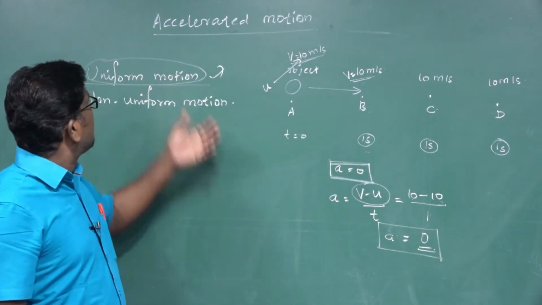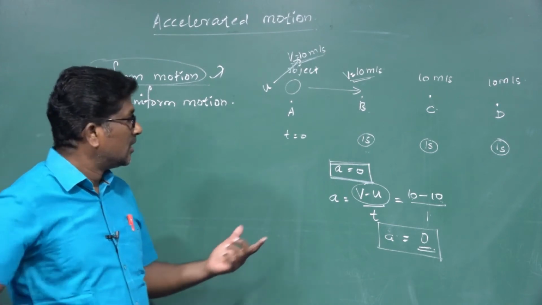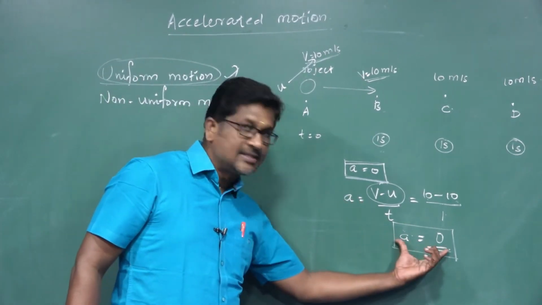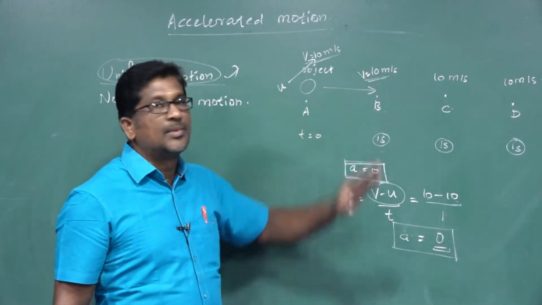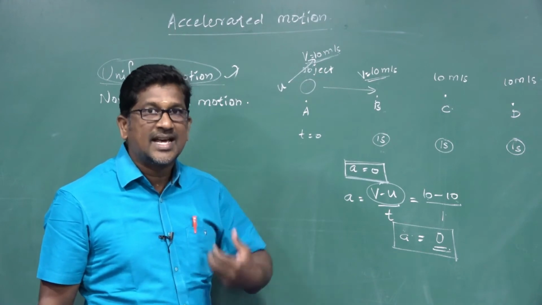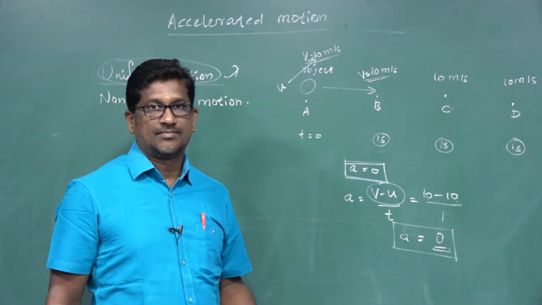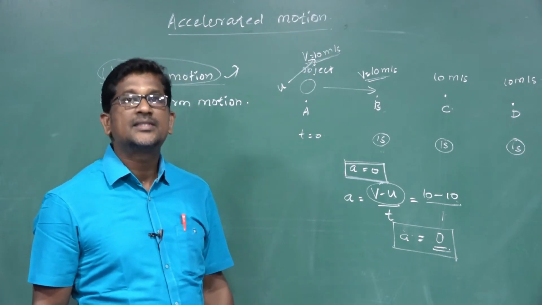When? If the particle undergoes uniform motion, the acceleration of the particle is 0 because the velocity of the particle remains constant. When the particle experiences an acceleration, only then does the velocity of the particle change. Otherwise, the acceleration value is 0.